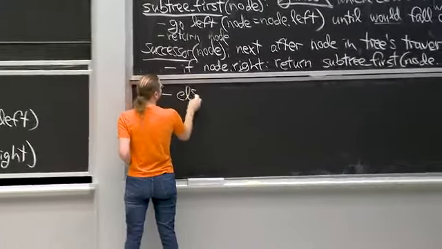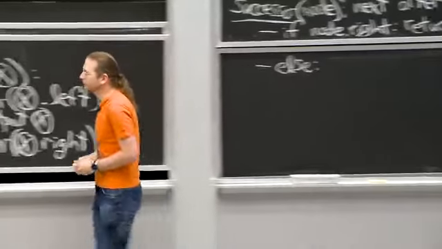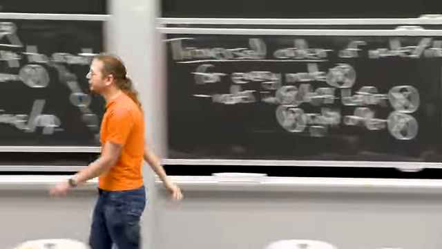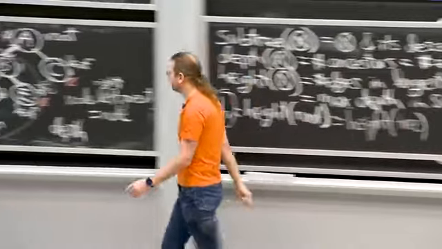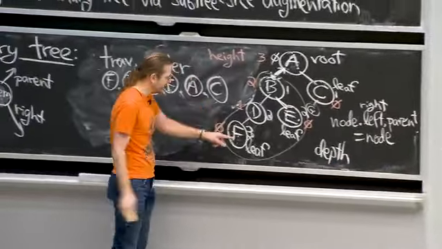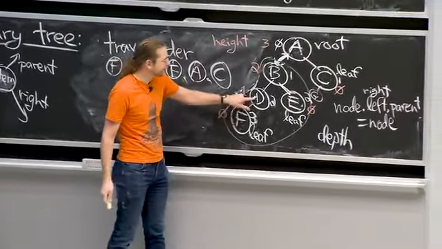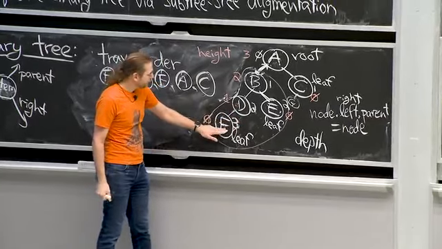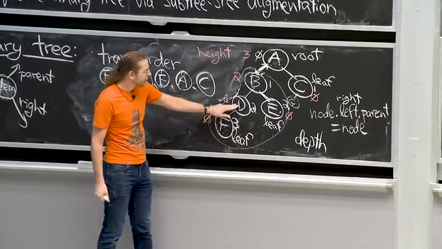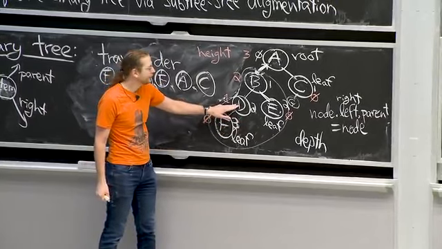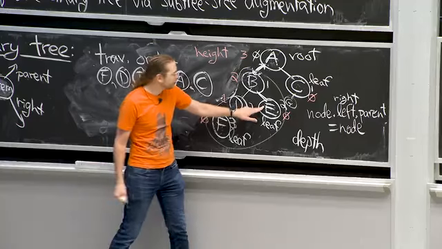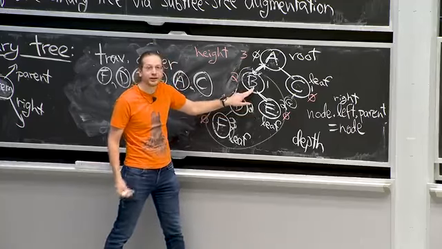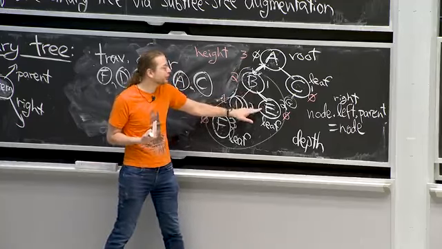But what if the node doesn't have a right child? So for example, it could be a leaf. Say we're taking the successor of, it doesn't have to be a leaf. It could be F, which has no children. It could be D, which has one child, but no right child. So what's the successor of F? Well, it's D, which in this case is the parent, but it's not always. For example, if we do the successor of E, its parent is actually earlier in the order because E was a right child.